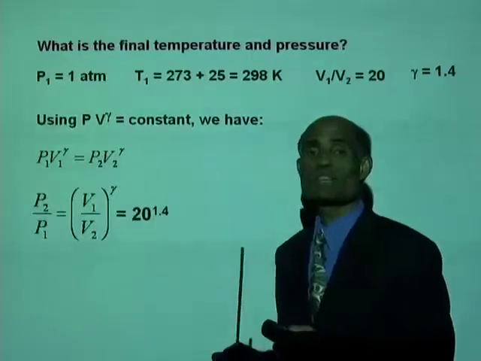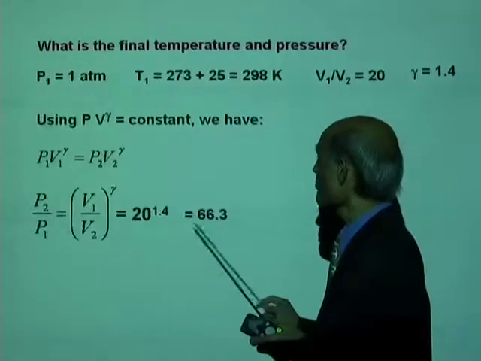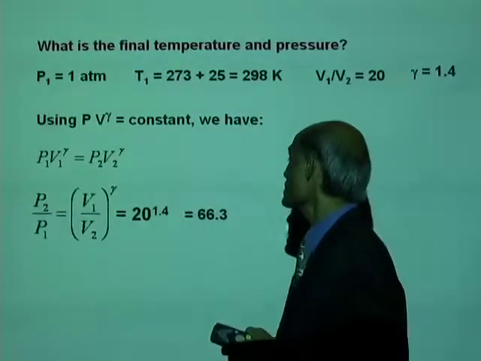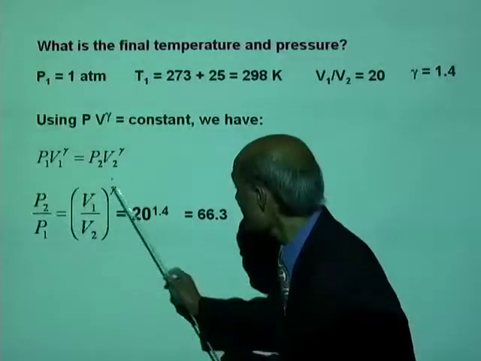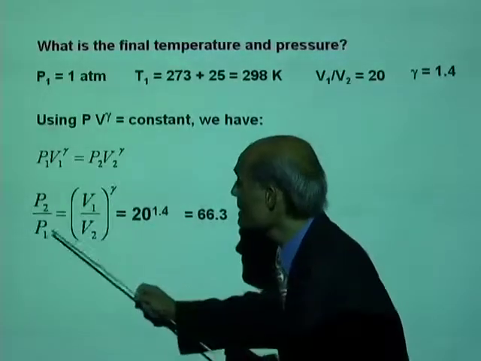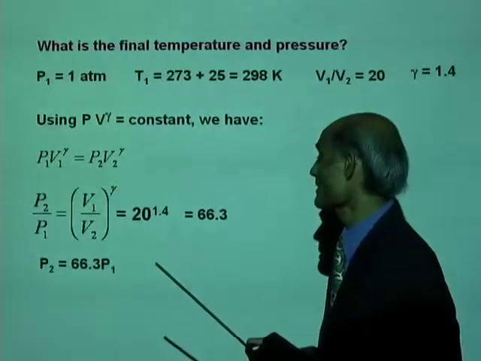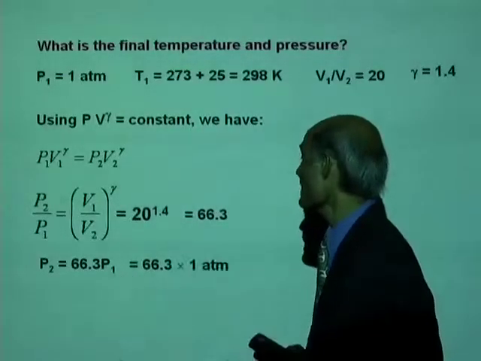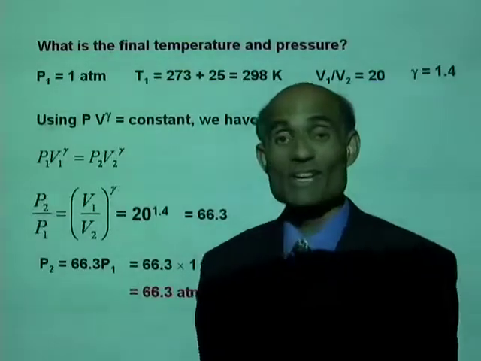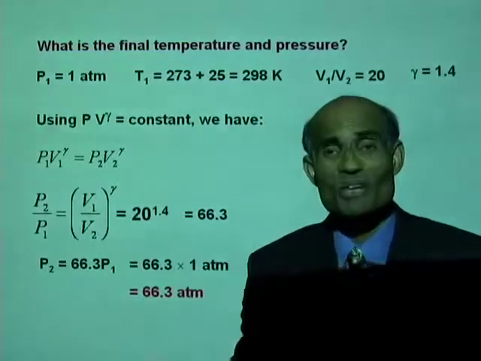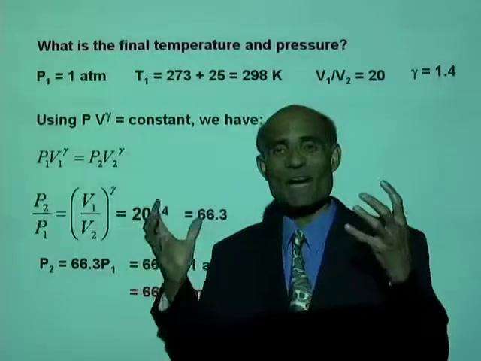That is 20 raised to the power of 1.4. That is 66.3. Therefore, P2 is 66.3 times P1, and P1 is 1 atmosphere. Therefore, that final pressure is 66.3 atmosphere.